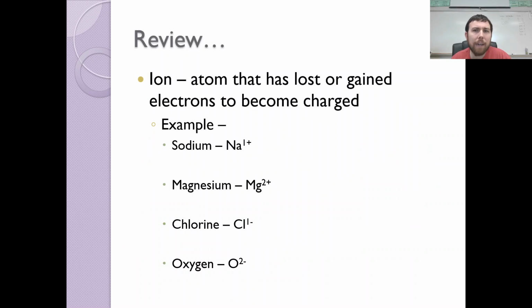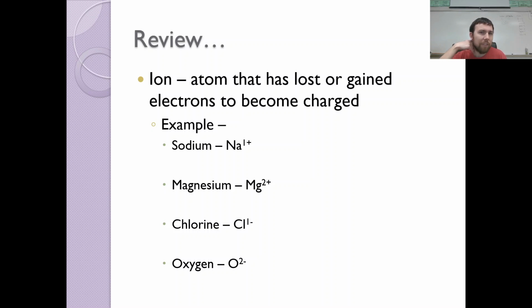And the last thing I want us to take a look at as we go into looking at the first type of bonding is our understanding of ions. This was a word that we defined a couple units back, and we talked about how ions were atoms, elements, that had either lost or gained electrons in order to become electrically charged.